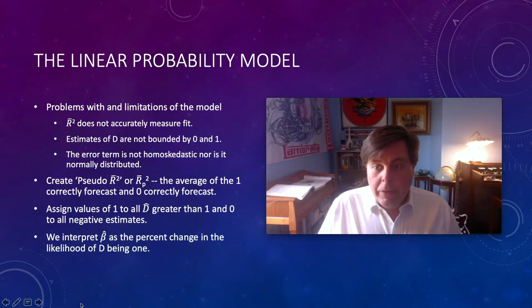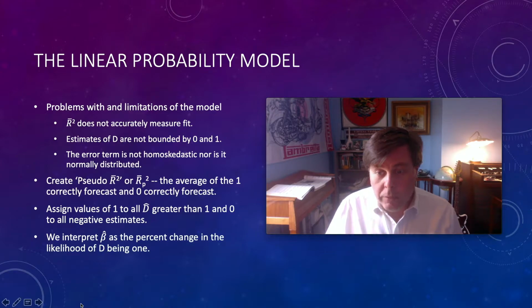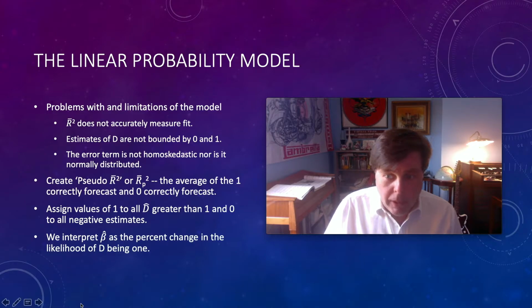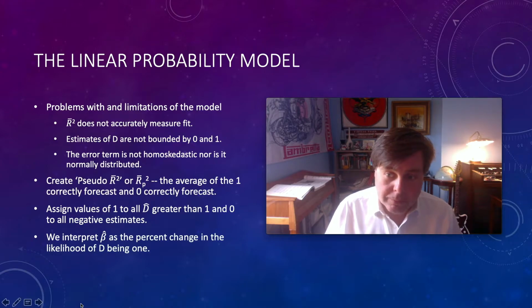Okay, we interpret these estimated betas in these models as the percentage change in the likelihood of D being 1. So for example, an estimated beta of 0.5 would be telling you that a 1 unit change in the value of that explanatory variable would produce a 50% change in the likelihood of your dummy dependent variable being 1 rather than 0.